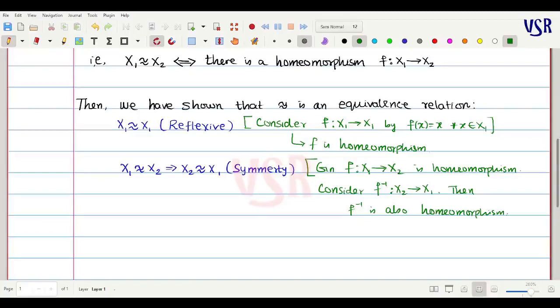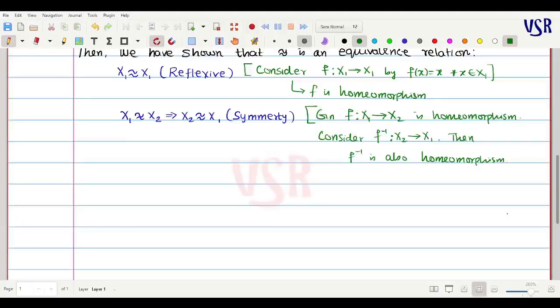Okay, then what did we see next? Transitivity. This is the first point, this is the second point, and now we are going for the third point. That is, if x1 is homeomorphic with x2 and x2 is homeomorphic with x3, this would imply that x1 is homeomorphic with x3.